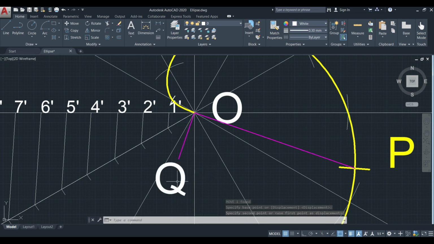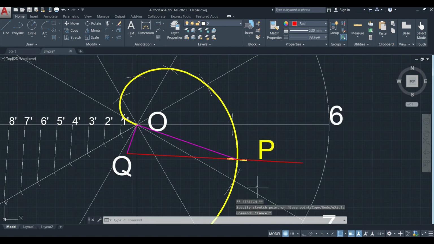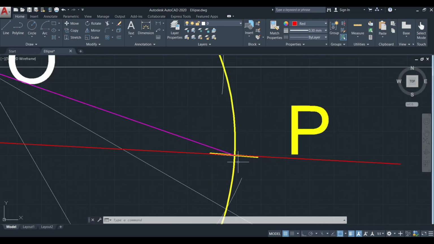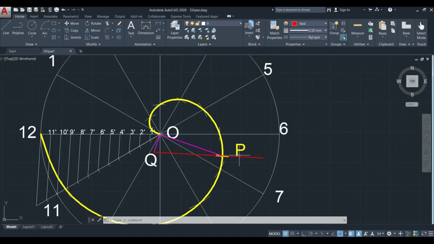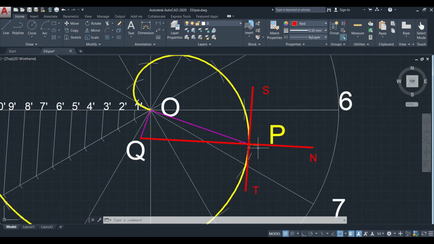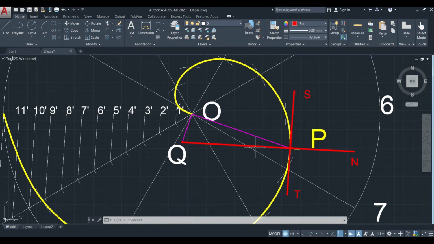Let's say this particular point here is Q. Now for getting the normal, we have to connect the points Q and P here. This is the required normal, and for getting the tangent we have to draw a line 90 degrees to this particular normal here. So this is how we can draw the tangent and normal to the Archimedean spiral.